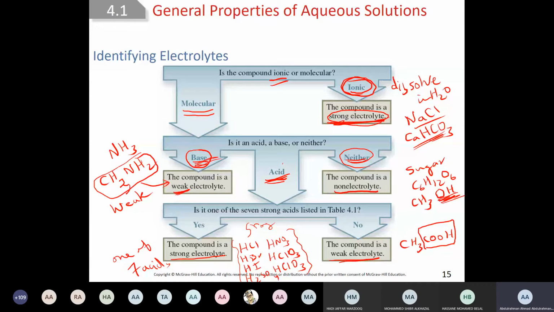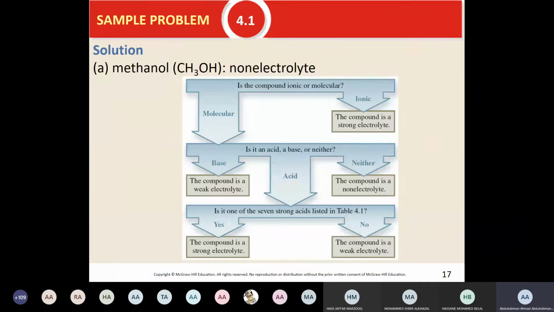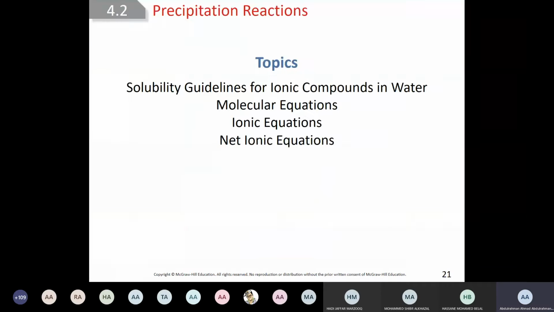I'll talk about weak and strong bases in the next slides. Anything that contains OH, like this compound, these are bases, but these are strong electrolytes. Why? Because these are ionic. So these are bases. We will talk about acids and bases in a short time.